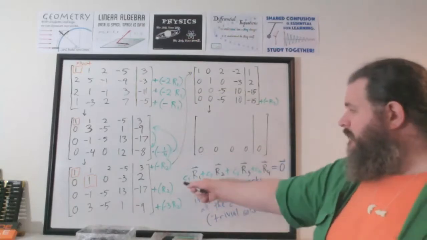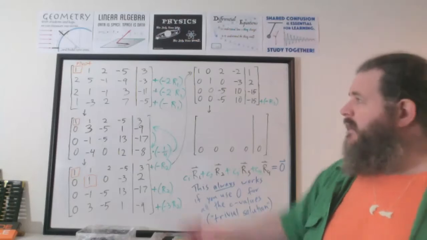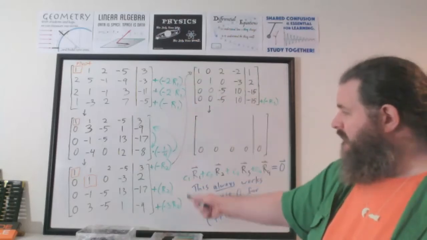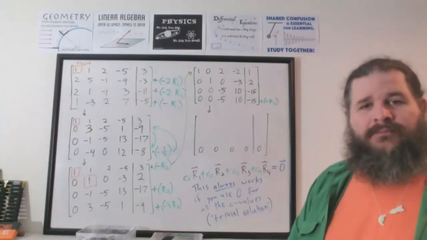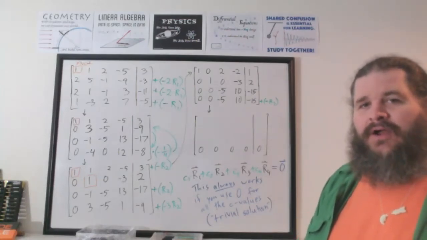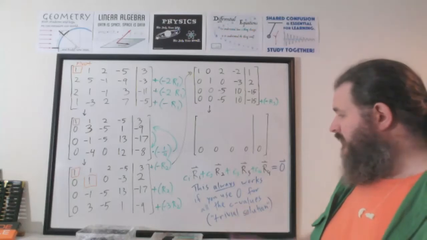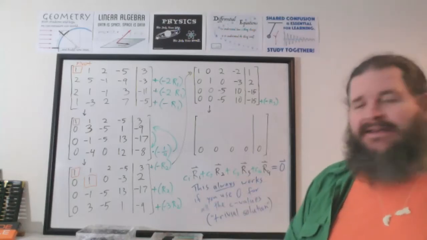We have just found some way of combining the original 4 rows to get a row that's all 0. We have found multipliers, even though we haven't explicitly listed out what those numbers are. But we could go back and reconstruct these operations and figure out some multipliers that make these add up to a row of all zeros. If it is possible to make them cancel out, other than just by using the trivial solution, we would say that those rows or these vectors are linearly dependent.